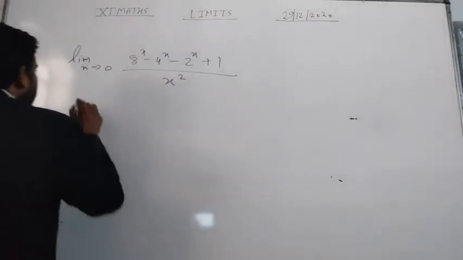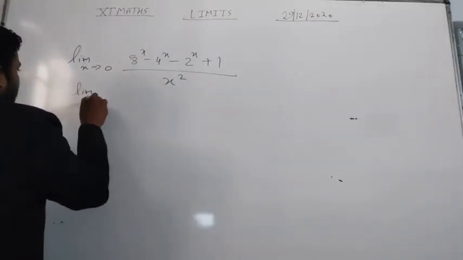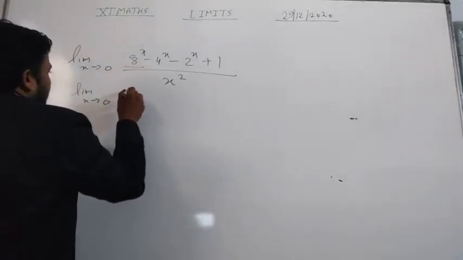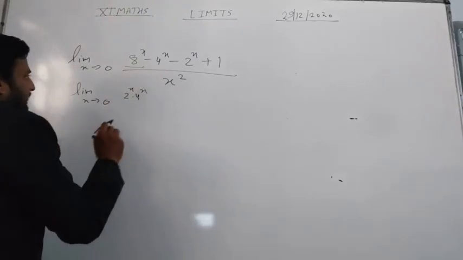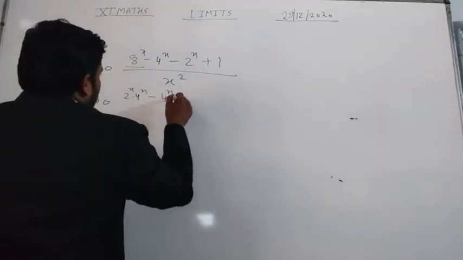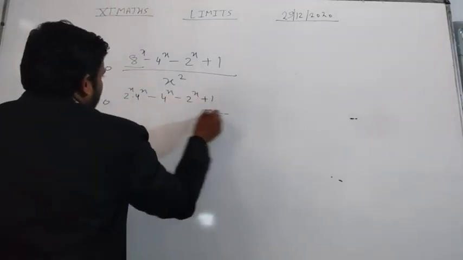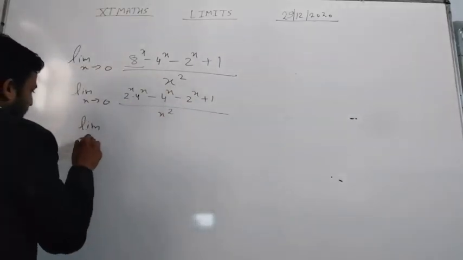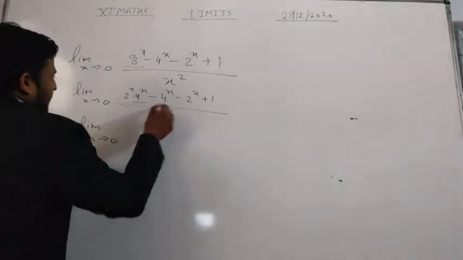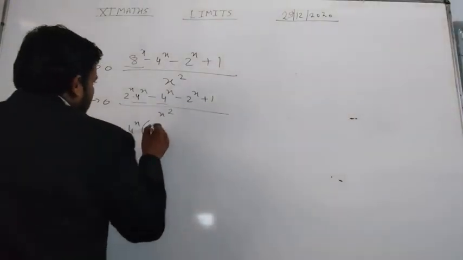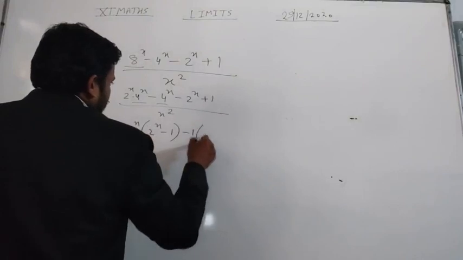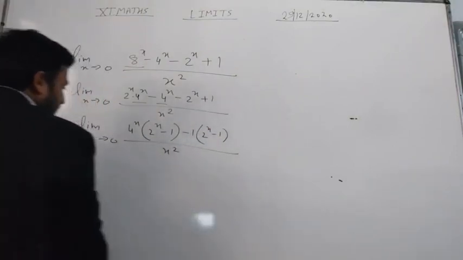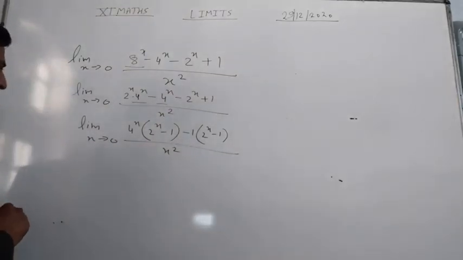Okay students, so in this limit x tends to 0, we can write 2^x into 4^x minus 4^x, and this is x². Now here we take 4^x common, and we get 2^x − 1, minus (2^x − 1), over x².